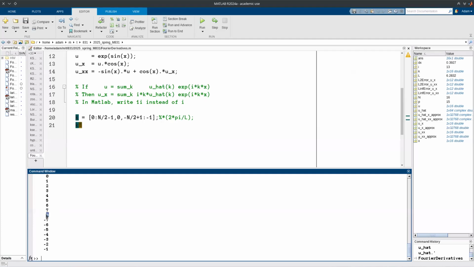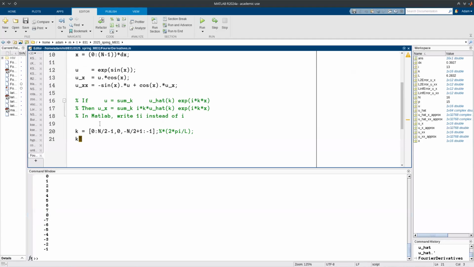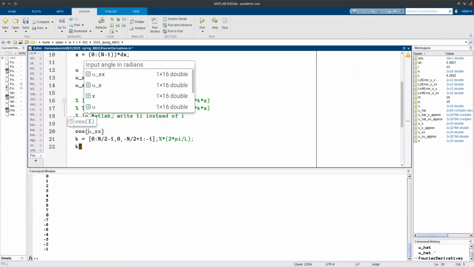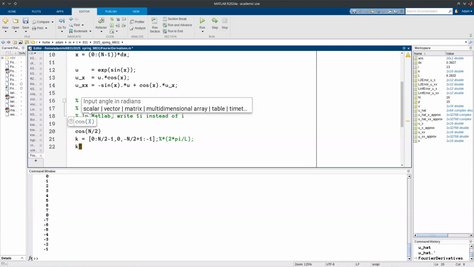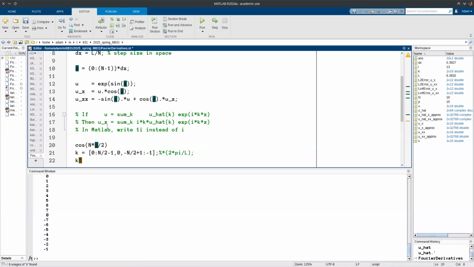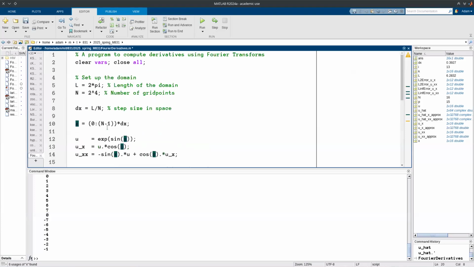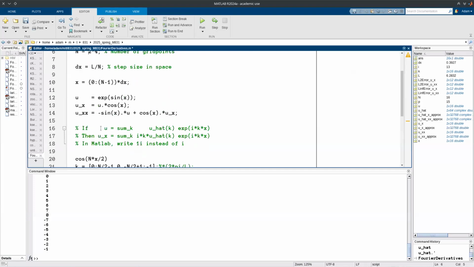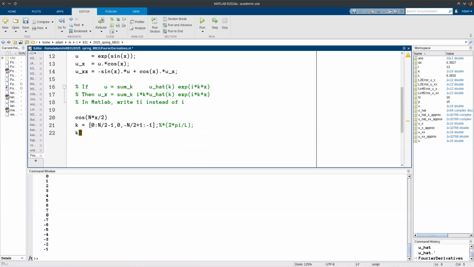So when we take the derivative of cosine, we get sine. And in particular, the last entry in there will be cosine of n divided by 2 times x. Or if you want, maybe it's clearer to write that as n times x divided by 2. N divided by 2 is the last representable frequency in a discrete Fourier transform with an even number of grid points, n grid points.